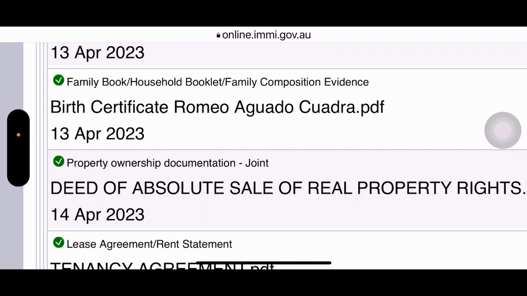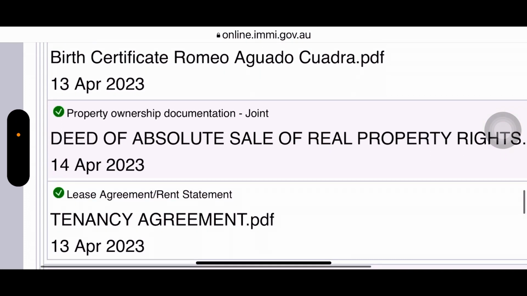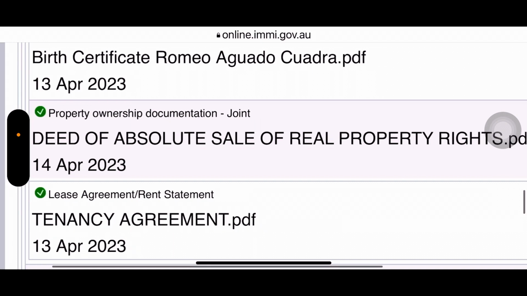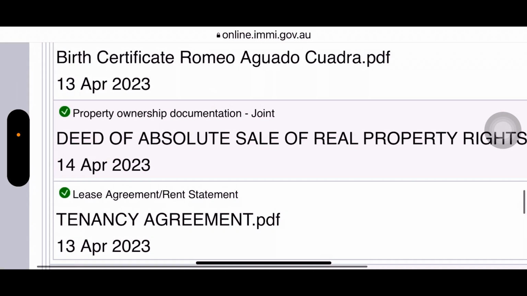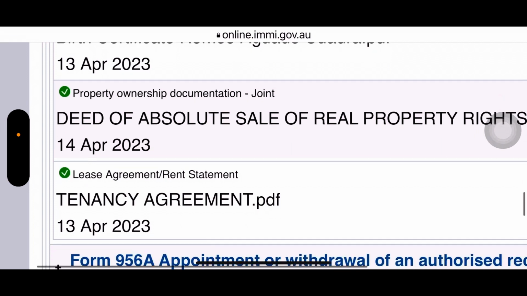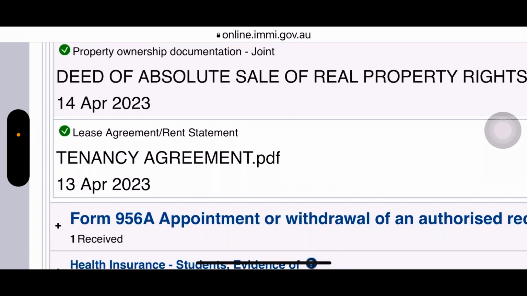So it is considered as family composition evidence for the relationship of the parents. And then deed of absolute sale of real property. This one, we have both of our names in this deed of sale. And then tenancy agreement, this is the contract agreement of the house we live in Taiwan.